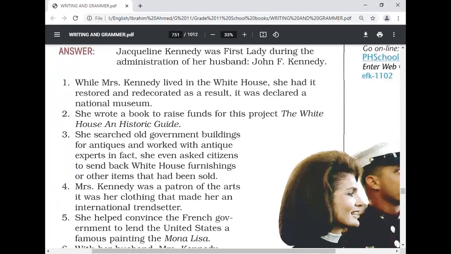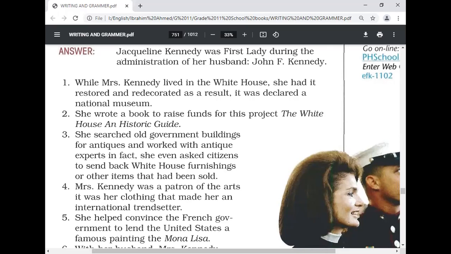Number two, she wrote a book to raise funds for this project. What's the name of this book? The White House: An Historic Guide. So we need a colon before The White House here, and we have another colon here before An Historic Guide.